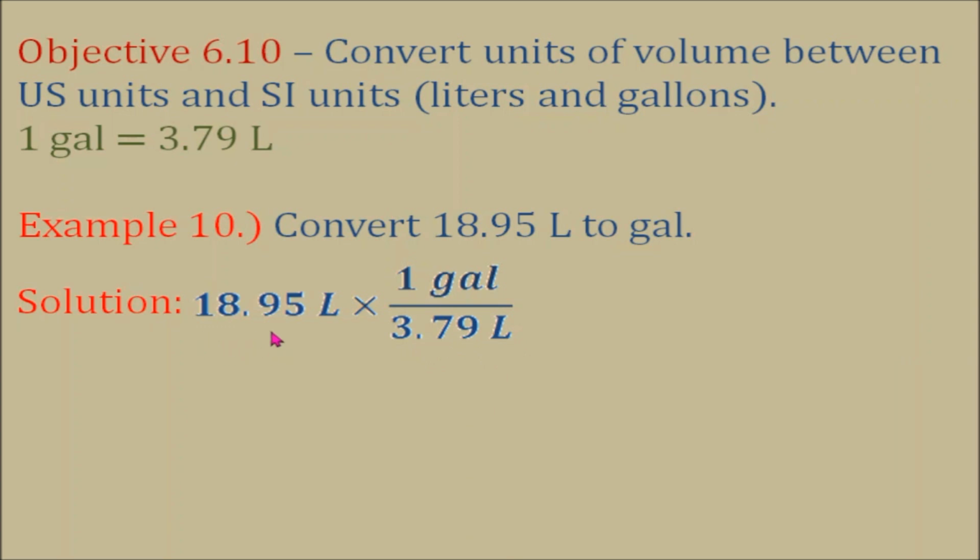So that's 18.95 L times 1 gal over 3.79 L. So this L or liters cancels out, and that means 18.95 times 1 gal over 3.79, or simply 18.95 gallons divided by 3.79, and that is equal to 5 gallons.